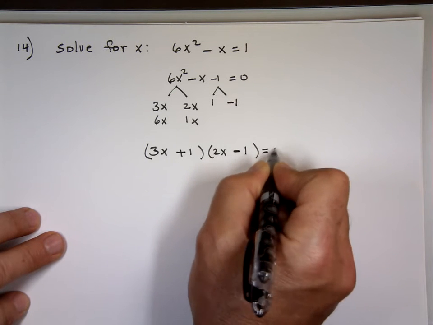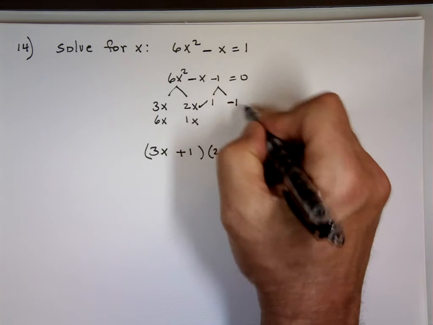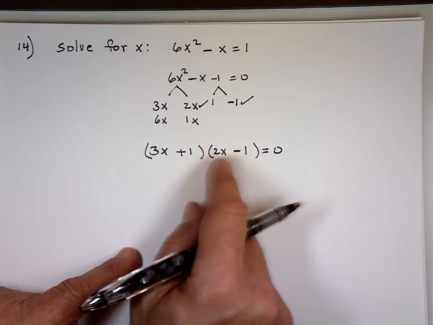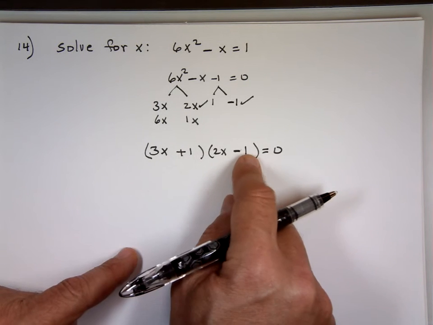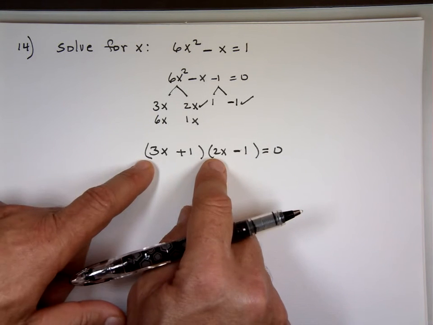Let's see if that's correct. Because if it is, I can solve it. If it's not, I got to try. If it doesn't work out, I'll flip-flop the 1 and the minus 1. I'll put the minus 1 here and the 1 there. If it still doesn't work out, I'll try the 6x and the 1x in place of 3x and 2x.